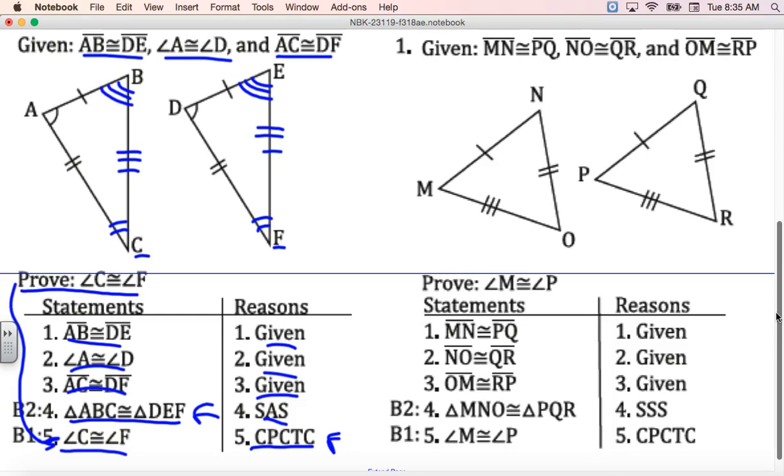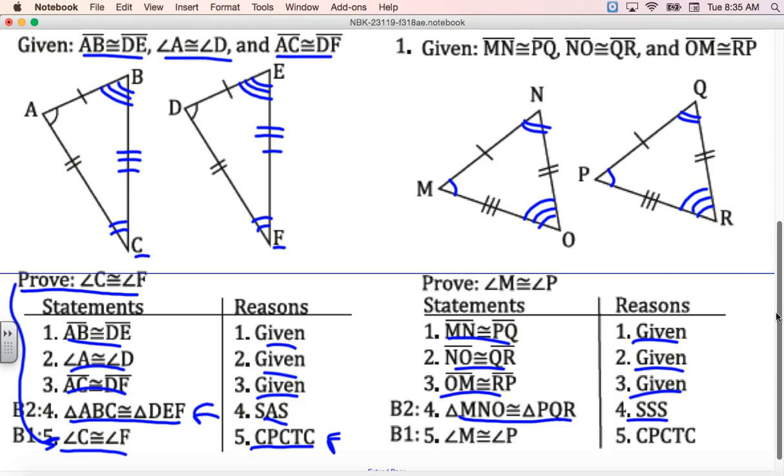Over here we've got another one. We're given that the three sides are all congruent to each other, so we can say the triangles are congruent by side, side, side. Then if all the sides are congruent, that means the triangles are congruent, and all the corresponding parts are congruent. So angle M is congruent to angle P, N is congruent to Q, and O is congruent to R. We didn't know that until we found out that the triangles were congruent.